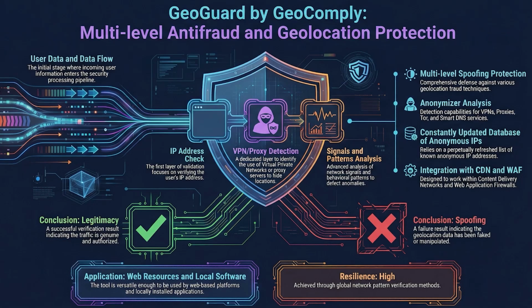But if we draw an analogy, there is a whole complex called GeoGuard from GeoComply. So, this is not a separate technique, it is, let's say, a whole stack of techniques because it uses almost everything that we have discussed today.